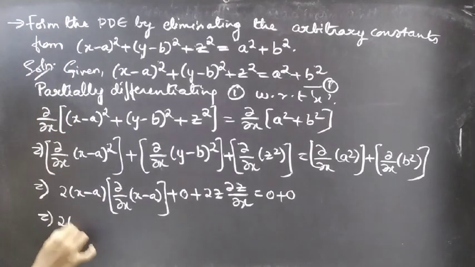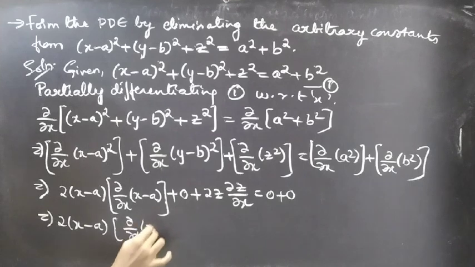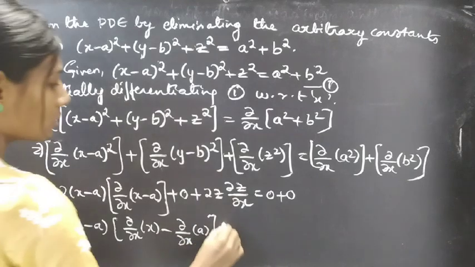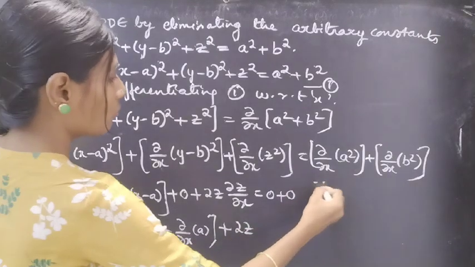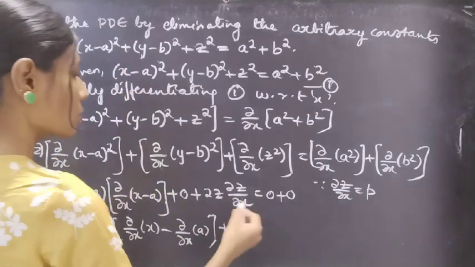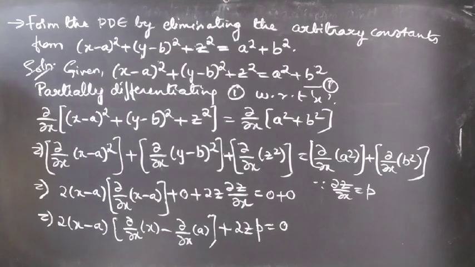This gives us 2 times (x minus a) into the partial derivative of x with respect to x minus the partial derivative of constant a with respect to x, plus 2z into dou z by dou x, for which we have a notation, equal to p. So let's replace it by p. You'll get 2zp equal to 0, right?